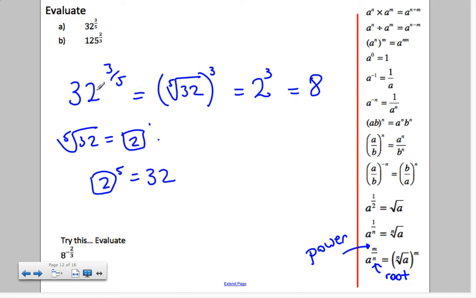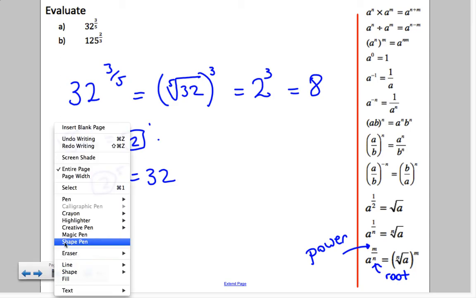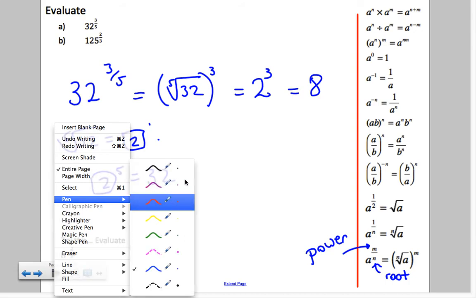Make sure you've understood that example. So the 5 ended up in the root, the 3 ended up in the power, the 5th root of 32 is 2, and 2 cubed is 8. Now, just a side point, some of you are probably asking, did we have to do it that way round?